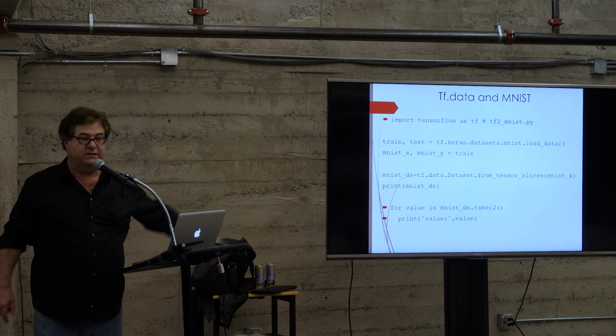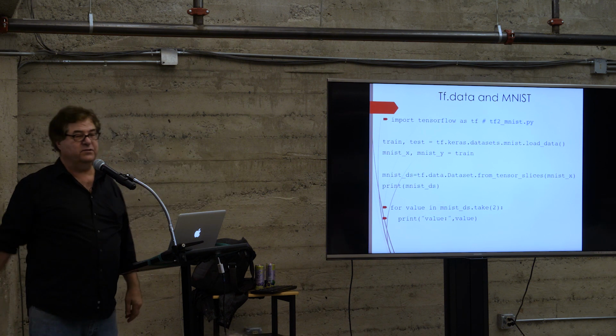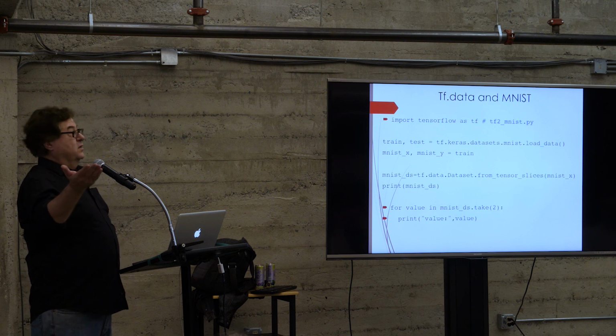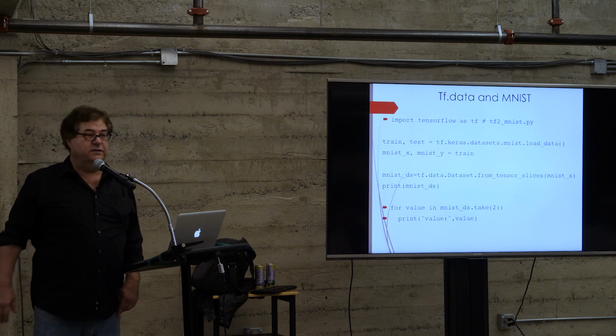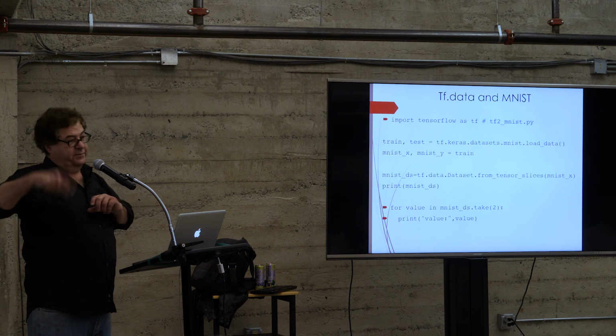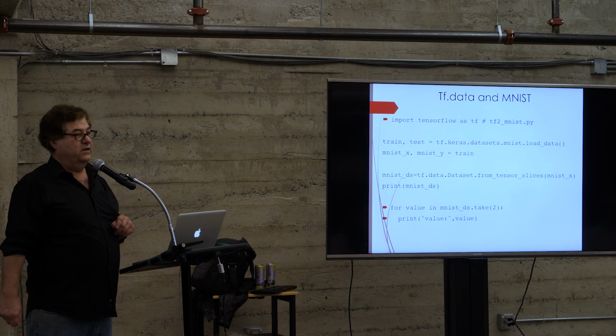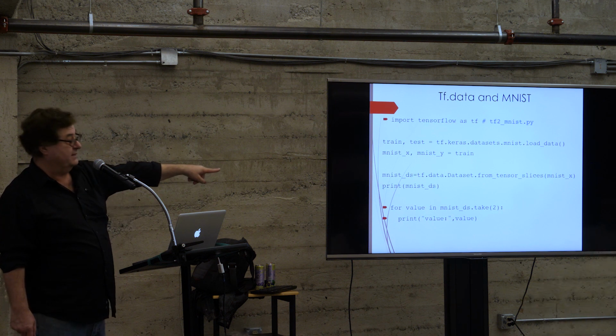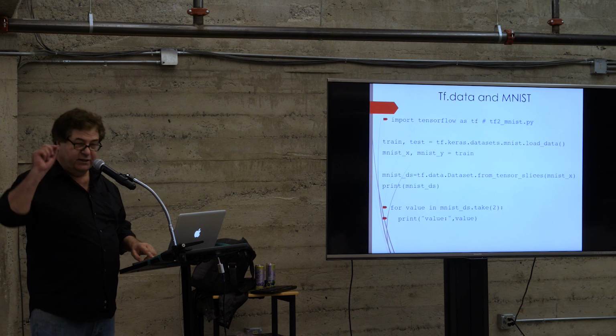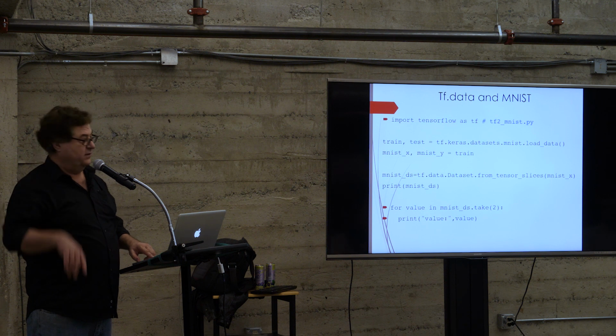If you print this, you're gonna have a ton of numbers flying, because you're gonna have about 50,000 images of 28 by 28 integers, 0 to 255. What I did was a print with a take 2, but I'm only going to show you a little piece of one of them because it doesn't fit on the screen.